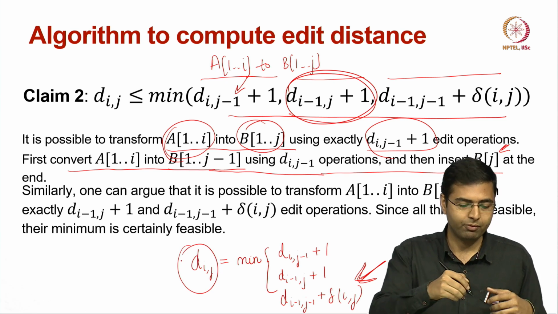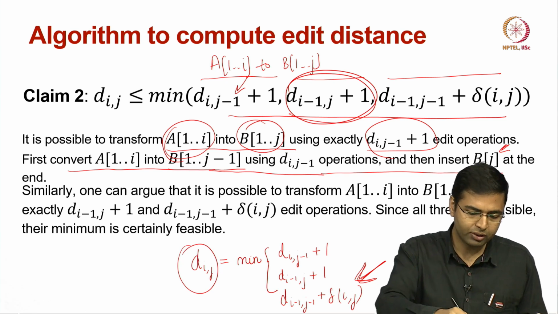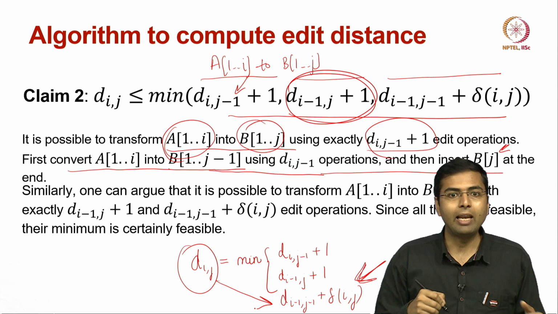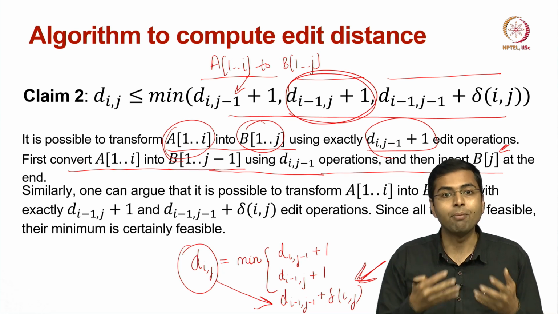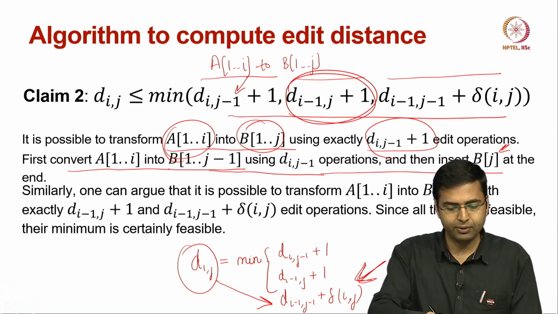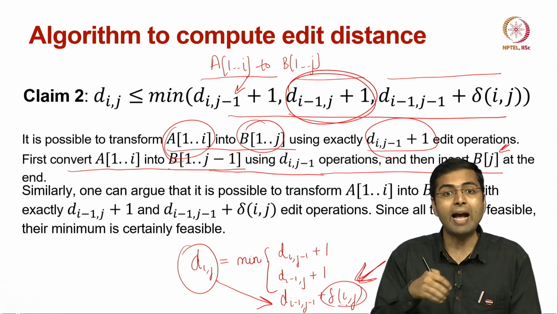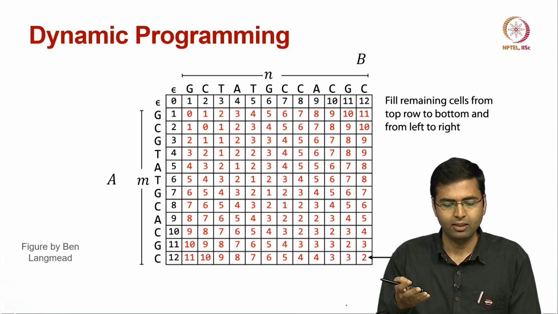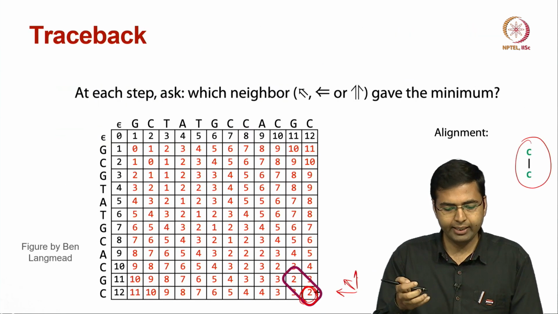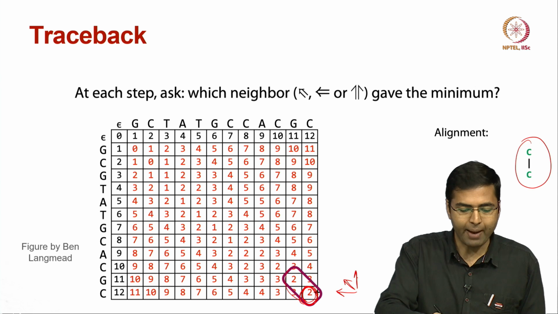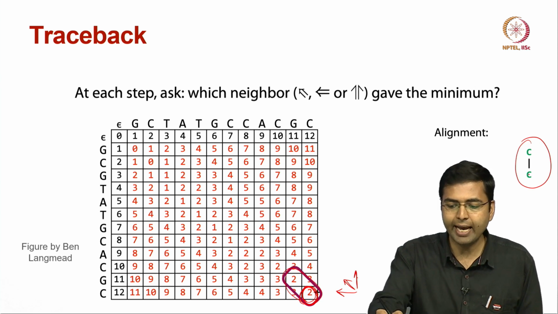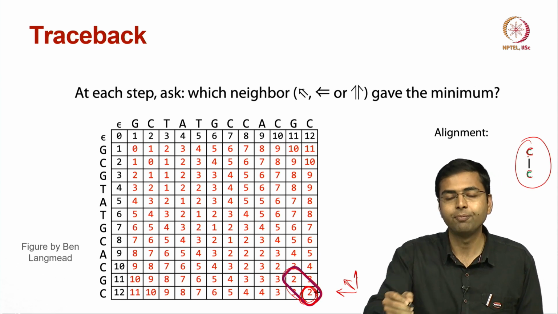So, when I achieved score Dij, I must have used this value while solving for the minimum. This third category corresponds to a match or a mismatch operation. Therefore, in this case I know that I have done a match operation, and I can align character C to character C.